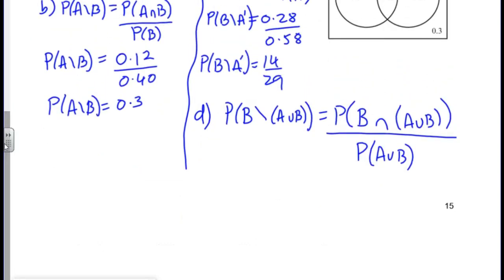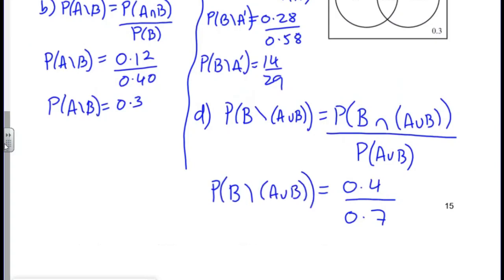So that's 0.4 out of A or B, which we said was 0.7. So the probability of B, given that, is taken out of A or B. Four out of 7. That's that one done.